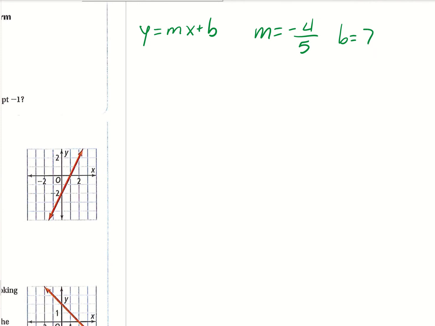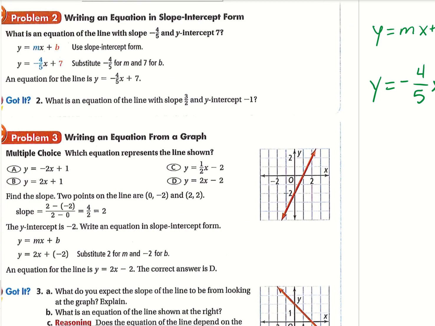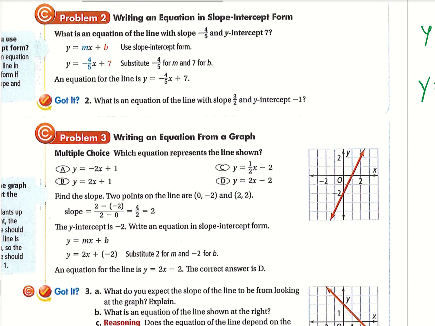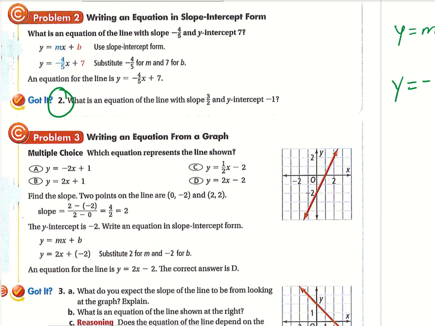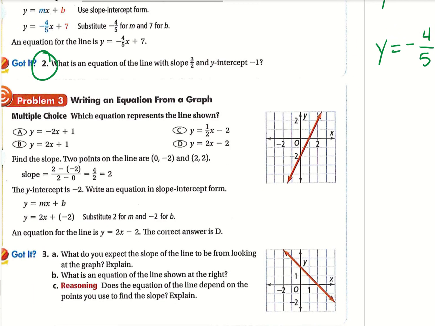Now all we have to do is plug in. So then we are left with y equals negative 4/5 x plus 7. And that's it for that one. So really simple, nice and easy start here. Go ahead on your own and try out Got It problem 2, and then we'll move on again.